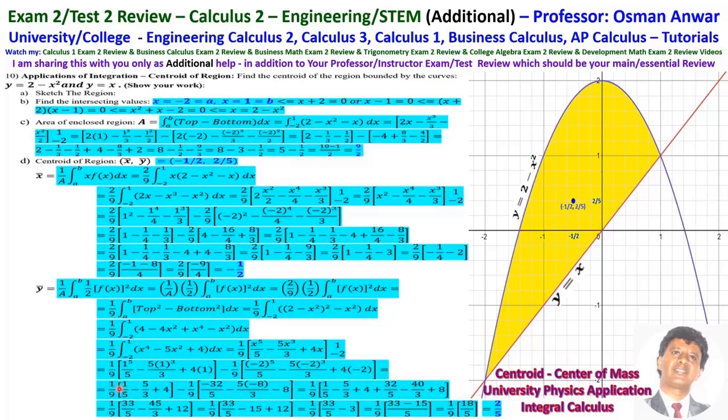Then when you evaluate the rest of the arithmetic, you will end up with y bar equals 2 over 5.